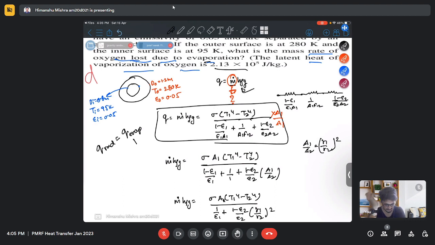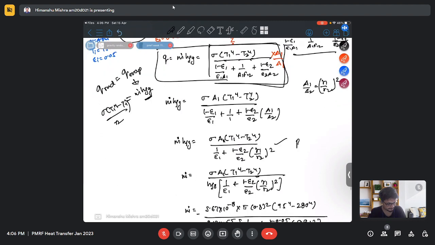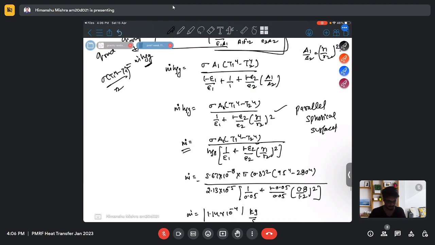So my evaporation heat transfer will be just m dot hfg, and we have already given the latent heat here, and we just equate this relation to my radiation heat transfer expression. So from the resistance function we derive our general radiation heat transfer expression, and then we modify it to the parallel spherical surfaces. And from this relation we calculate the mass rate.